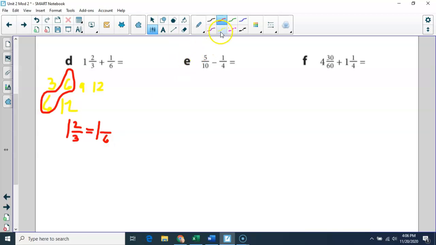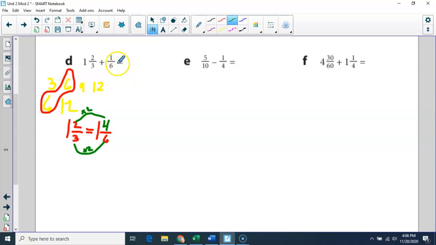Well, here's what I know. I know that 3 times 2 is 6, and whatever I do to the denominator, I need to do also to this numerator up here. So I want to multiply it by 2. 2 times 2 is 4. So 1 2/3 is exactly the same as 1 4/6.